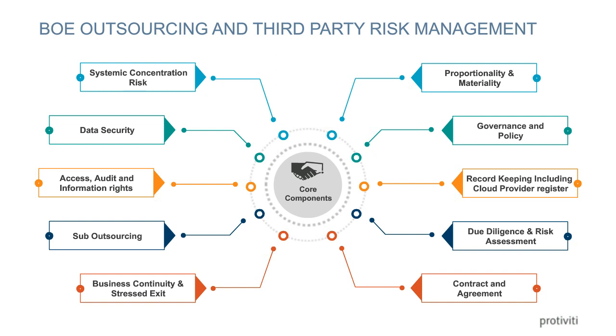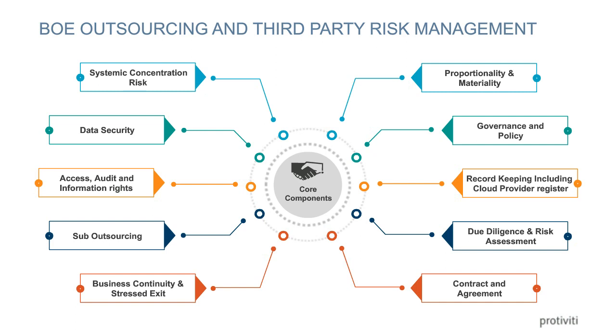But nonetheless, outside of financial services, understanding your sub-outsourcing, and that's not always cloud services, but it has increased the number of sub-outsourcing or fourth parties that exist for organizations. It's important that you not only understand your third parties, but also the key fourth parties which sit underneath those third parties.